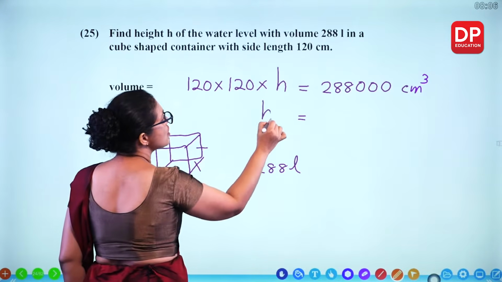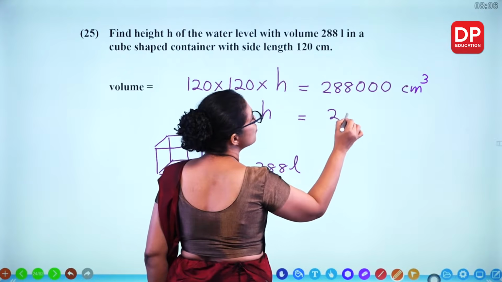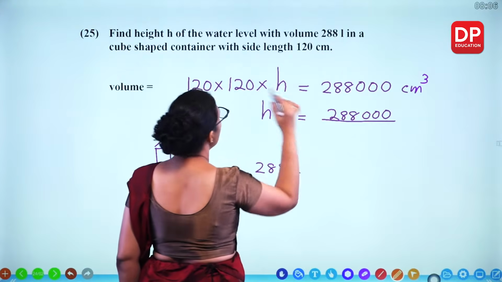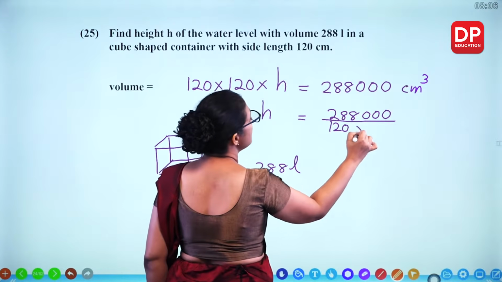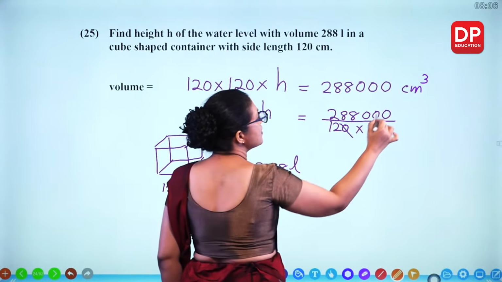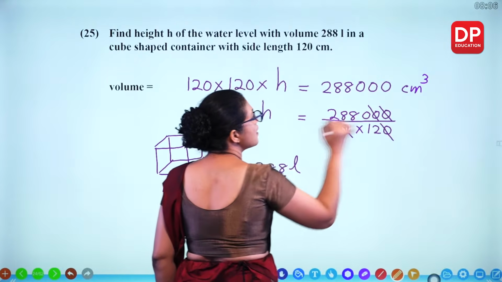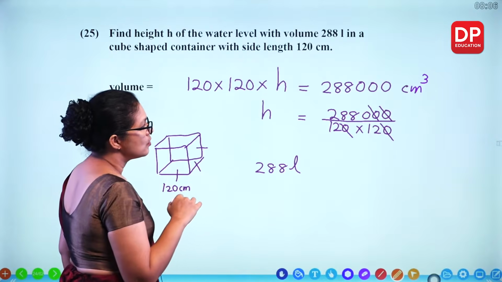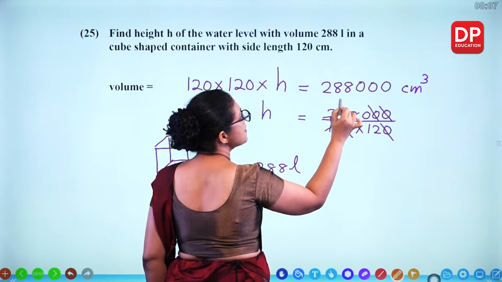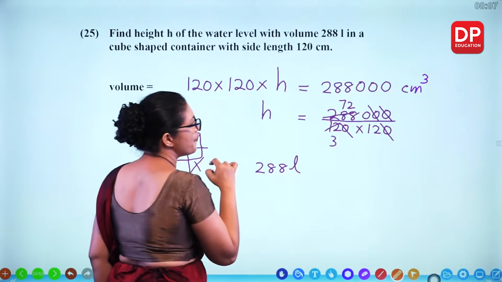So what is h? h equals 288,000 divided by 120 and another 120. The 1 and 0 get cancelled out. This one gets cancelled out. So 4 times 3, 4 times 7 and 4 times 2.